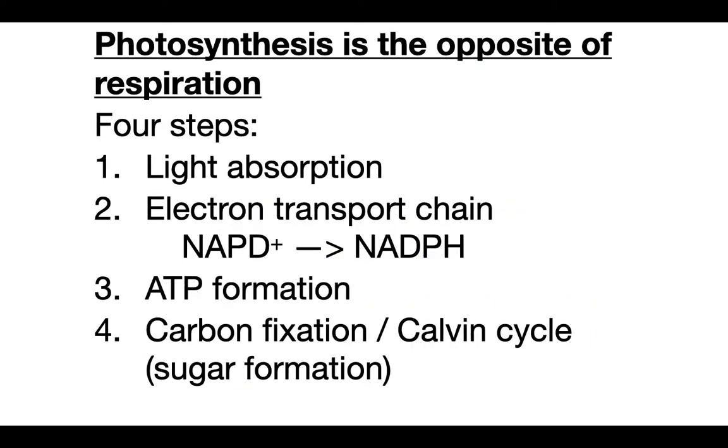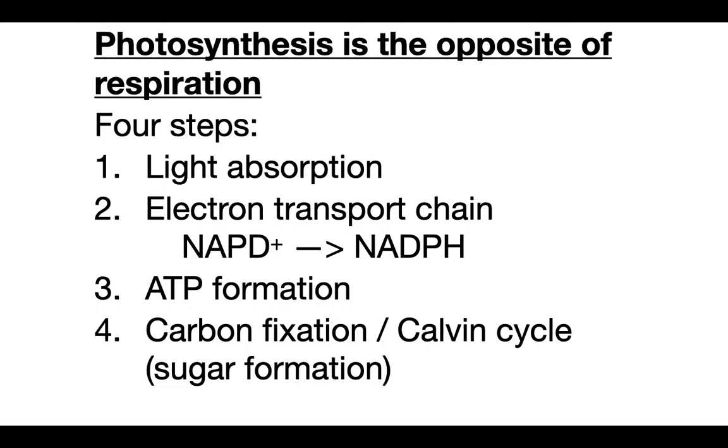So photosynthesis is exactly the opposite of this, in that we're still going to see a cyclical process in which sugar is involved, but now instead of the sugar being broken down in that cycle, we're going to be forming that sugar. But before we get to that, that's step 4. Before we get to that, we have to absorb the light. That's step 1.